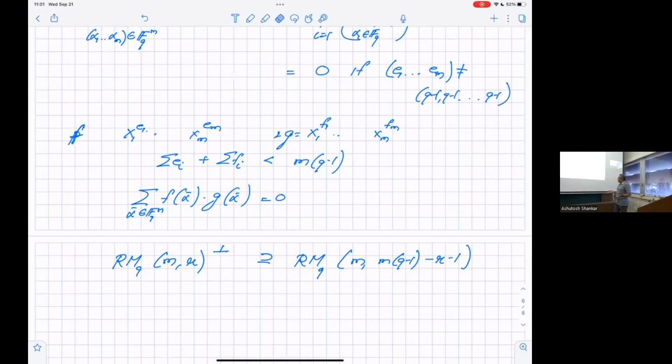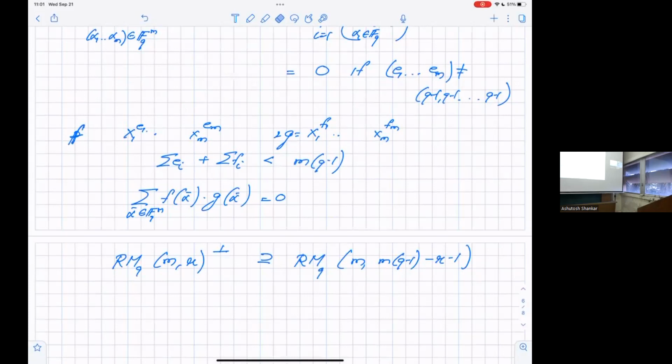But I want to say that the dimension of this object and the dimension of this object together sum to q power m. Taking the monomial x1 power p minus 1 minus u1, x2 power p minus 1 minus u2, that is a monomial for the complementary degree.